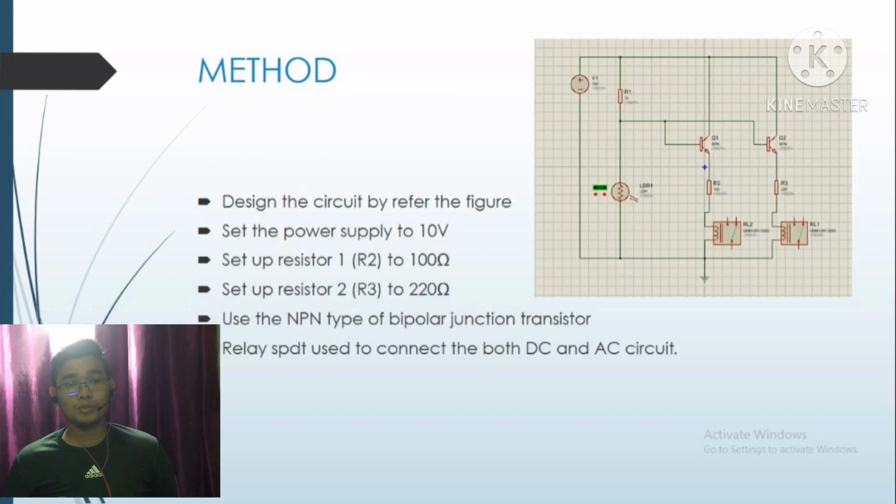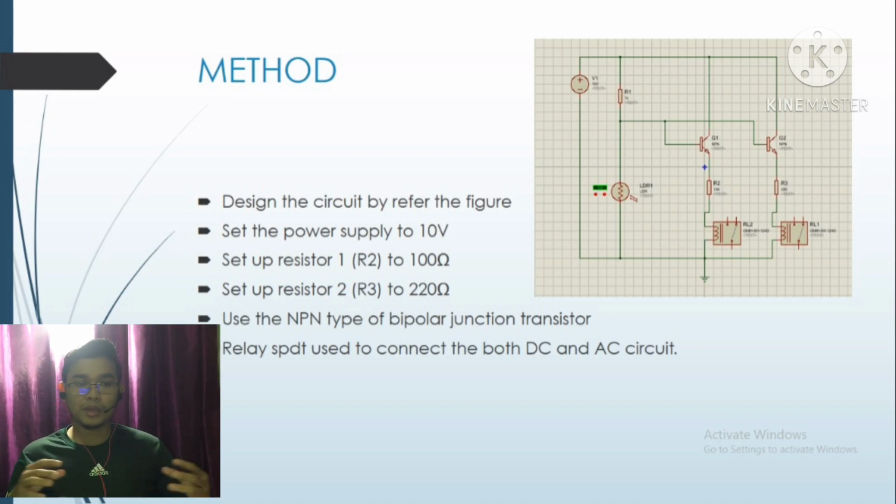The method that I use to design my circuit: the first step, we need to design the circuit by referring to the schematic diagram that I have pasted on my slide. From the schematic diagram, I use 3 resistors, 1 LDR or photoresistor, 1 power supply, 2 NPN type BJTs, and 2 SPDT relays.